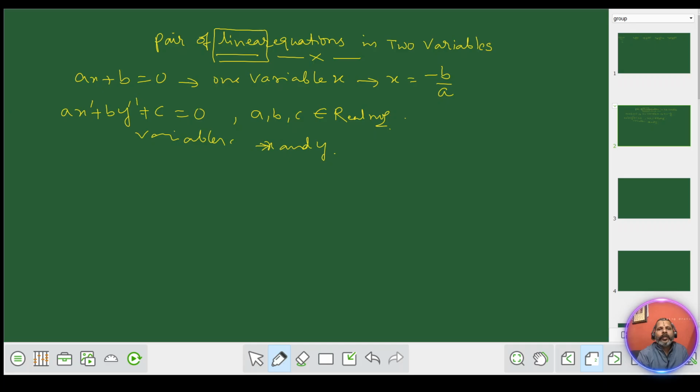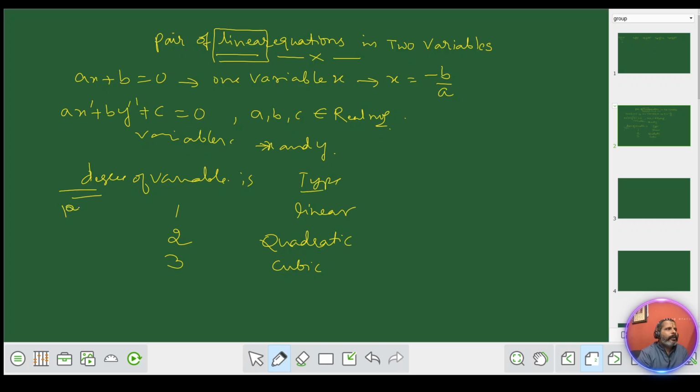Remember that based on the power of the variable we classify the equations: if the degree of the variable is 1 it is called linear, if it is 2 it is called quadratic, if it is 3 it is called cubic, right?